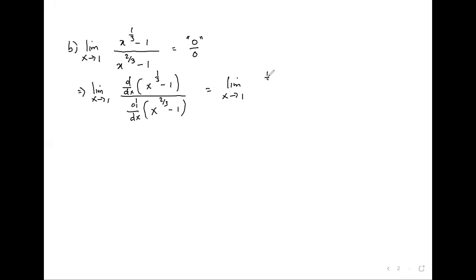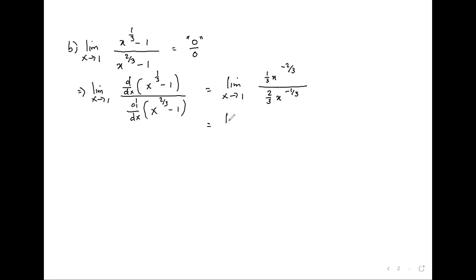And then we have 1 over 3 x to the negative 2 over 3 over 2 over 3 x to the negative 1 over 3. So the ones have disappeared. So we can now try to put the x together and see what we get.